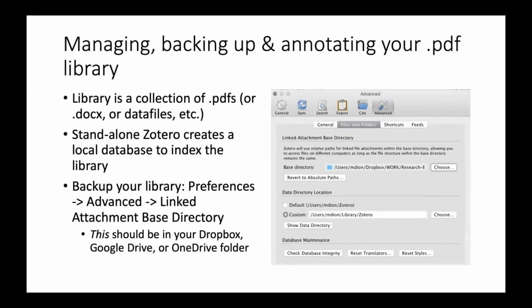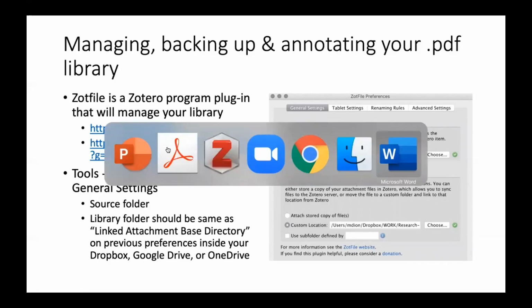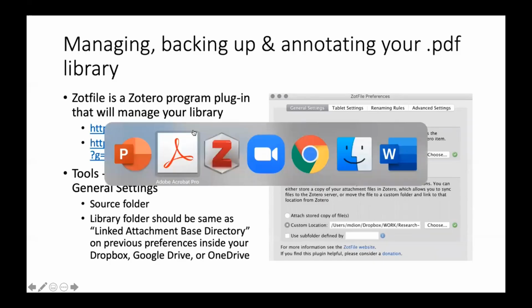To make that management easier, there is what's called a plugin or an extension that will actually help you and give you additional control over those files. So basically, I have here the link to Zotfile that has additional instructions about how to install it and add it. And also from the library at Berkeley University, they have some additional guides about how to set it up.